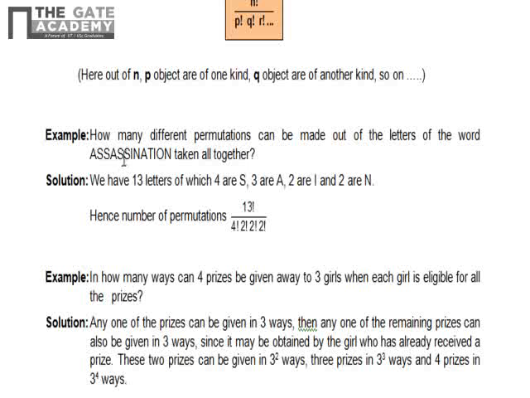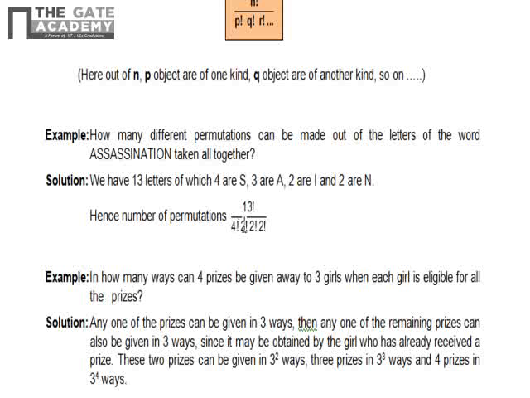If we count the similar alphabets, S is 4 times, A is 3 times, I 2 times, and N 2 times. So the number of permutations is 13 factorial, that is n factorial, upon, since S is repeated 4 times, 4 factorial.